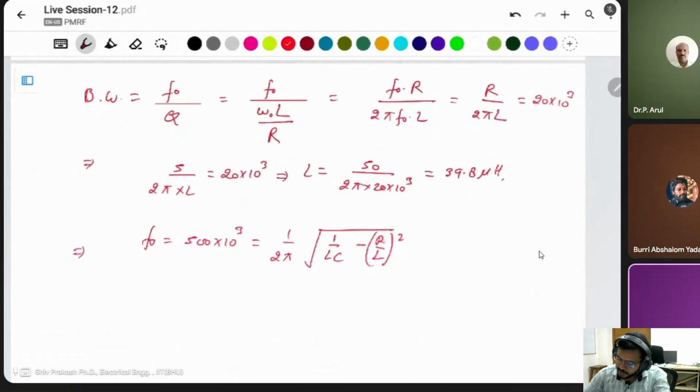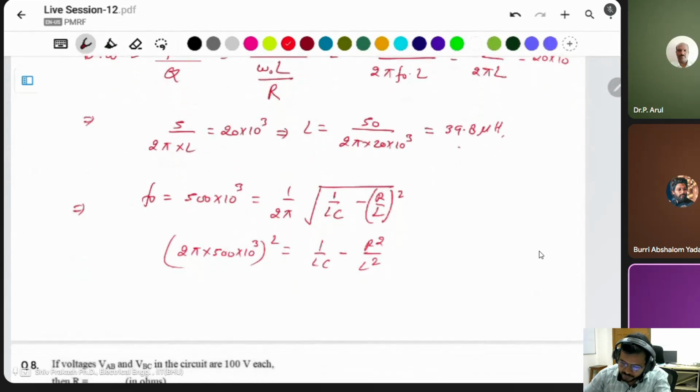R is given in the question and L is calculated here, so you have to find the value of C. We put 2 pi into 500 into 10 to the power of 3 and square it. That equals 1 by LC minus R squared by L squared. Finding the value of R by L whole square, 1 by LC is equal to 9.875 into 10 to the power of 12.